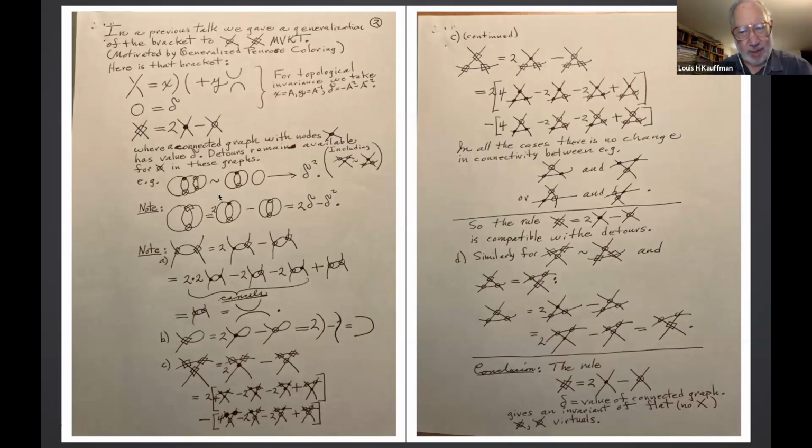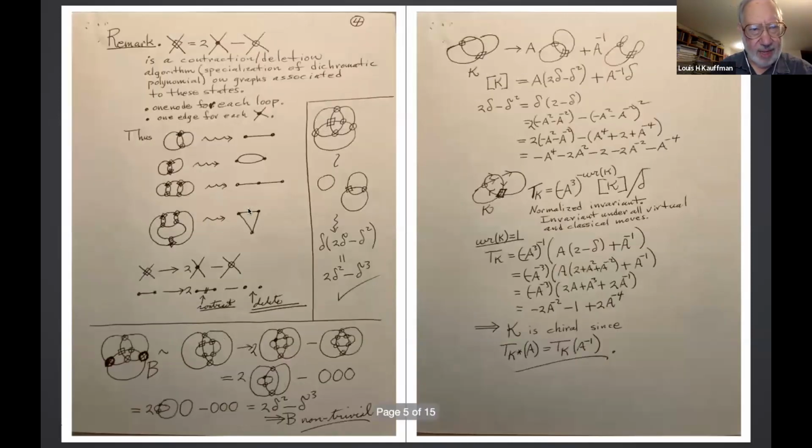So I'm not going to actually go through these slides, but you can see that if you work on it, everything works compatibly. And if we adjust the variables to A and A inverse and the usual value for the delta, then we can get bracket invariants in this virtual knot theory for these kinds of knots.